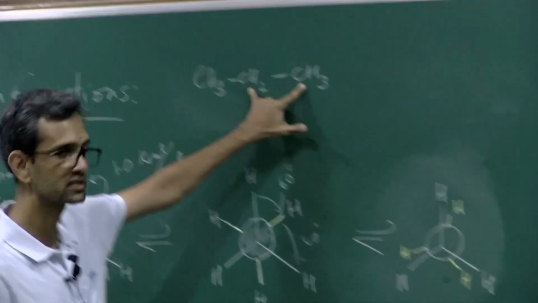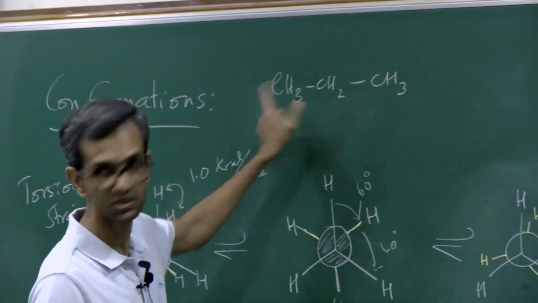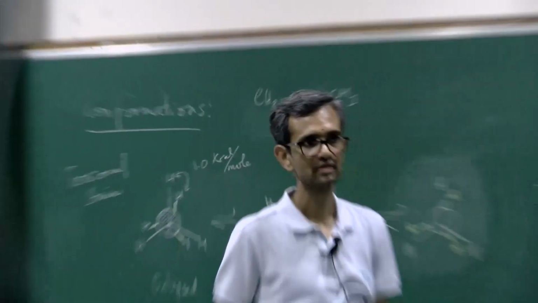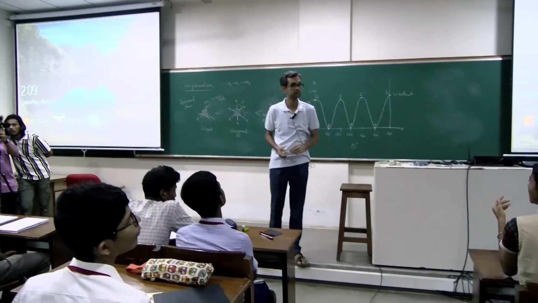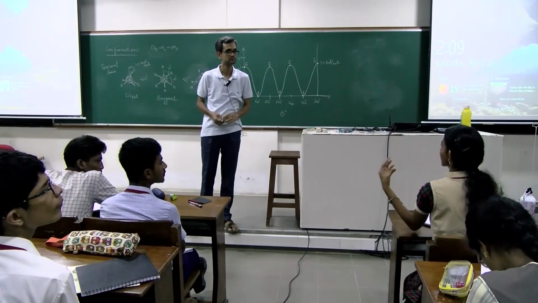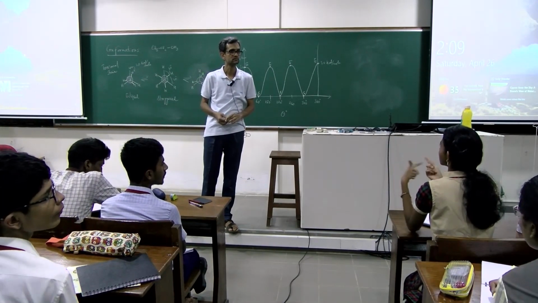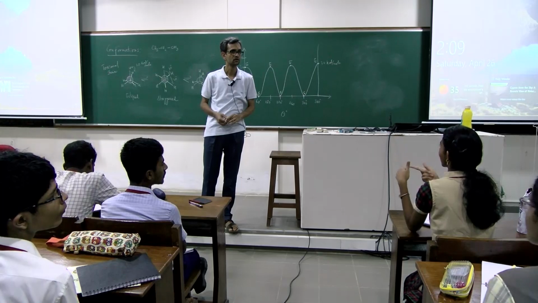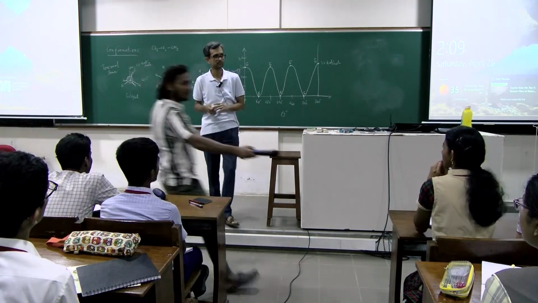If you look at this part of the carbon-carbon bond, then again this carbon has one methyl. The molecule is symmetrical, sir, so it doesn't matter which way we take the compound. Yeah, in this case it doesn't.